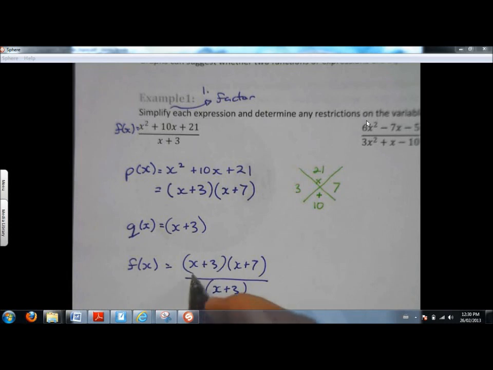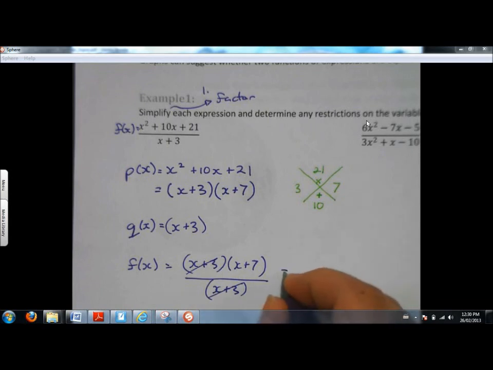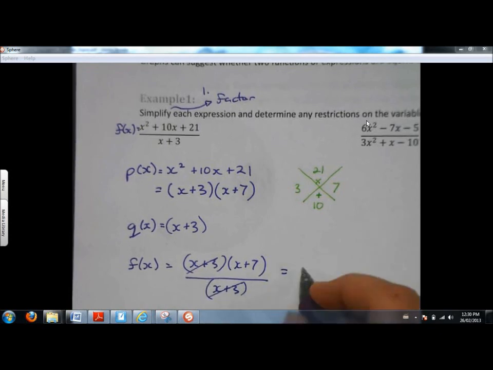Well, top and bottom have the same factor, so they can get canceled out. It's like multiplying by something and then dividing by that same something. You've just undone all your work. So f of x is x plus 7.